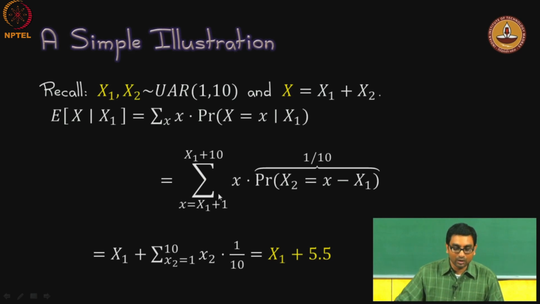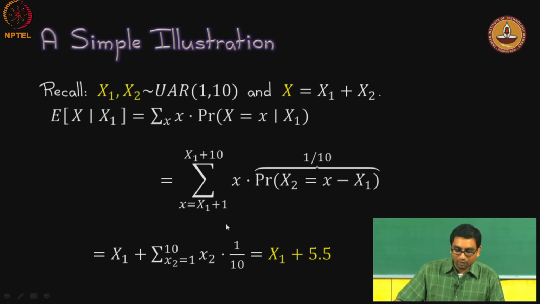If you work out this sum, what is going to happen? x is going to range from x1 plus 1 to x1 plus 10. So, you are going to have x1 added 10 times, but each of those times it is going to be weighted by 1 over 10. So, it is going to average out to just x1. Plus, the second part: you are adding a quantity, x1 plus 1 all the way to x1 plus 10.